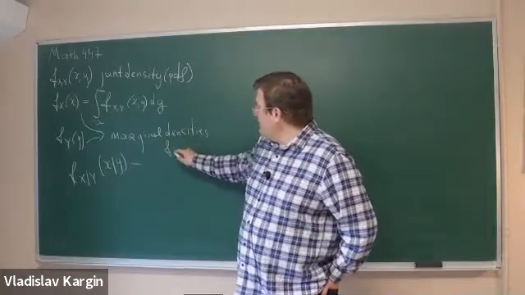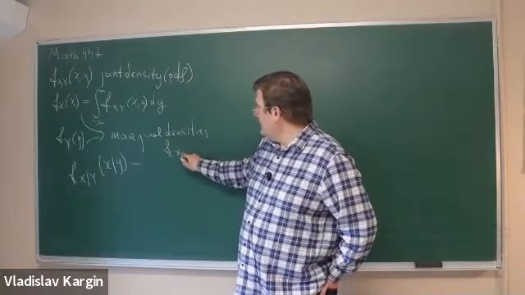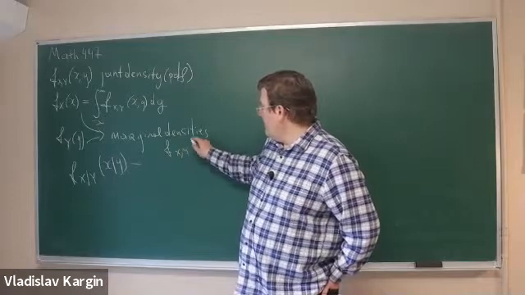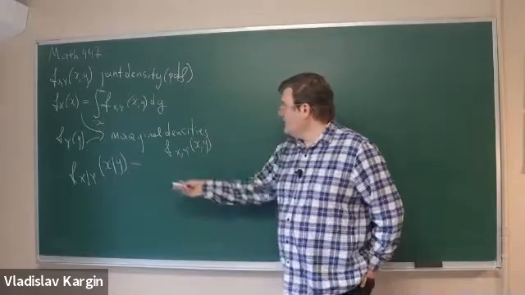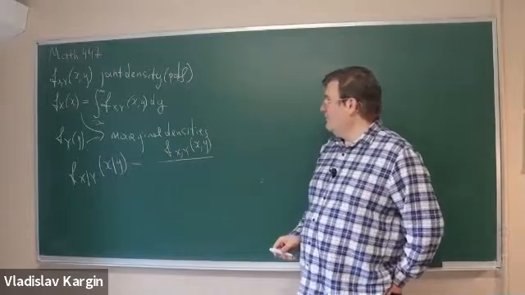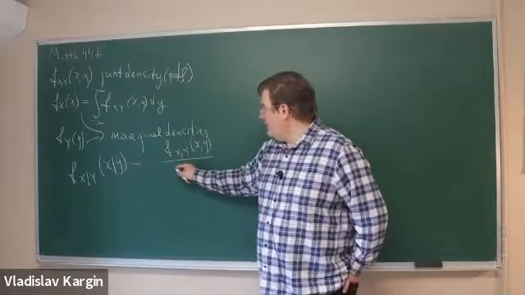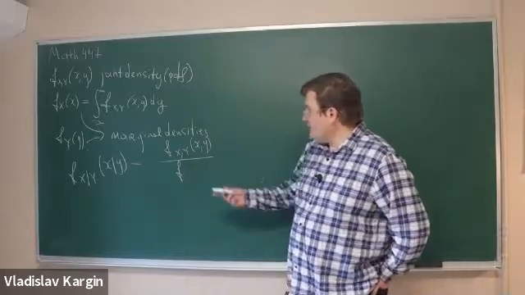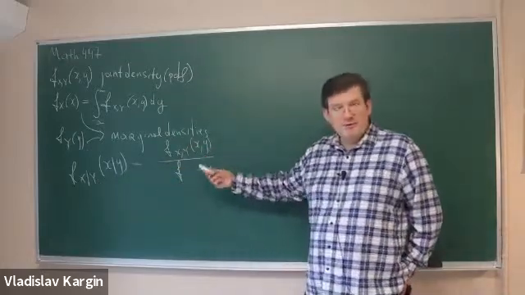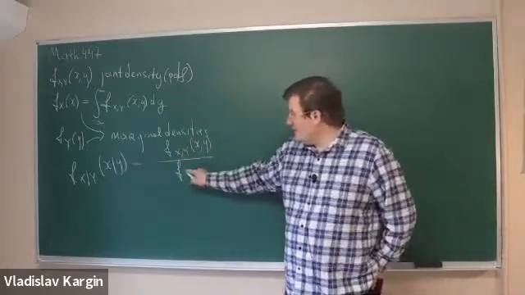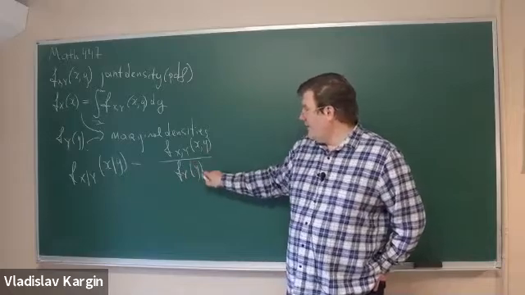Right? And again, if we want to calculate it, this will be the joint density and then divided by the marginal one. So it's a condition, so we should divide by the probability of the condition, here f of y of y.